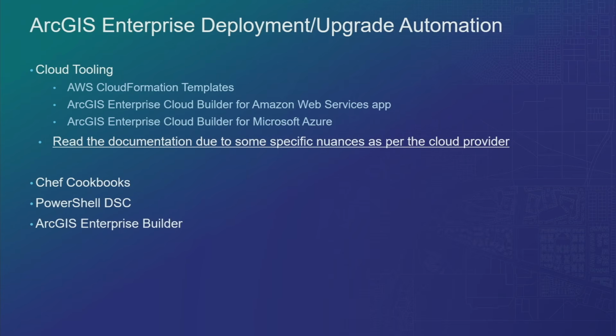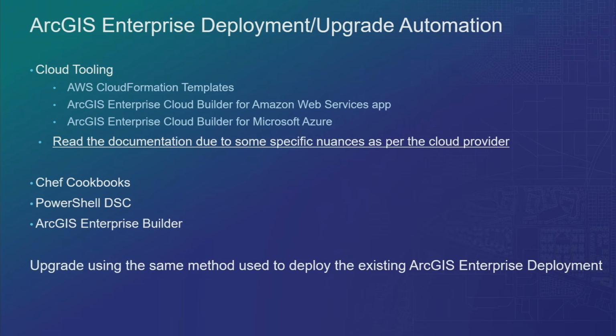We have Chef cookbooks. We have PowerShell DSC. There's an ArcGIS Enterprise Builder to quickly deploy your ArcGIS Enterprise on a dev or test machine, where all things happen on one machine. So there are a variety of options. Again, if you have questions around this, come see us at the showcase, and we can connect you with colleagues.